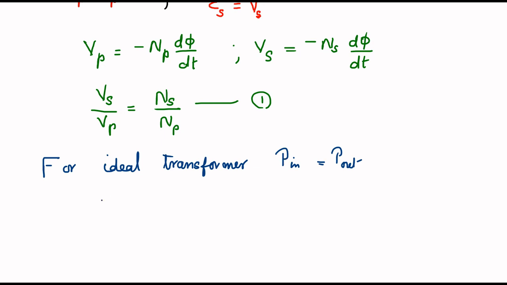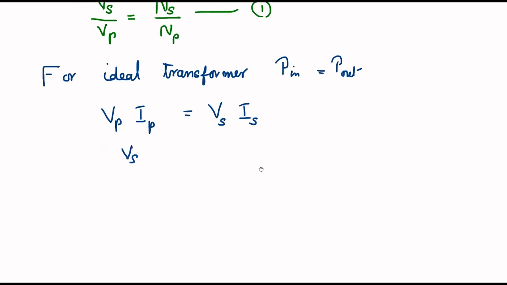So if Vp is the input voltage and Ip is the input current, Vp Ip is equal to Vs into Is. So from this equation, what is Vs by Vp? Vs by Vp is equal to Ip by Is.